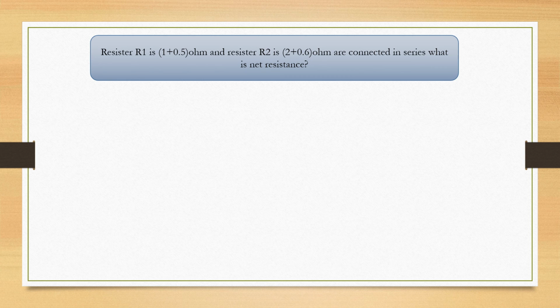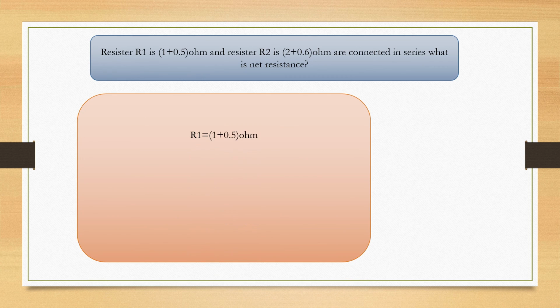What is the net resistance? We know in series the resultant resistance is R1 plus R2. Here R1 equals 1 ± 0.5 ohm, R2 equals 2 ± 0.6 ohm.